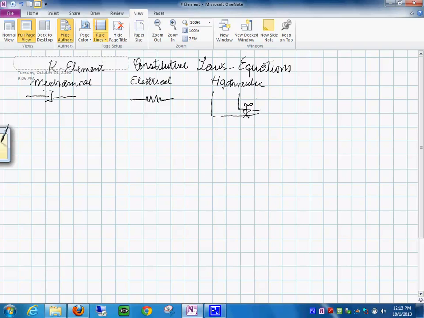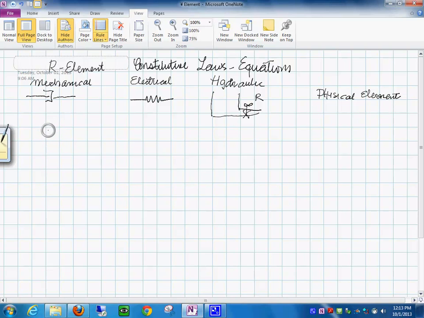This is going to be your R element in here. So these are the physical elements. We're going to make a table in here. We say physical element, so the real element.